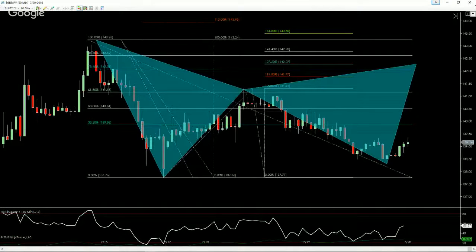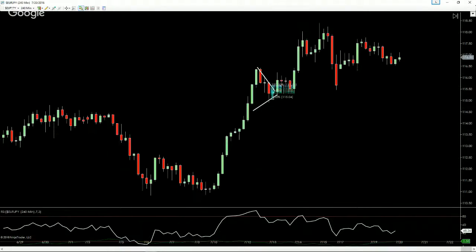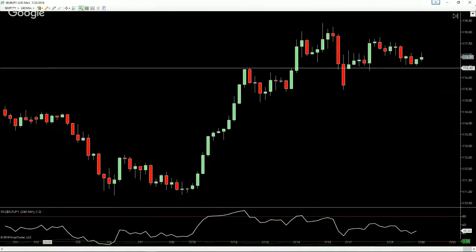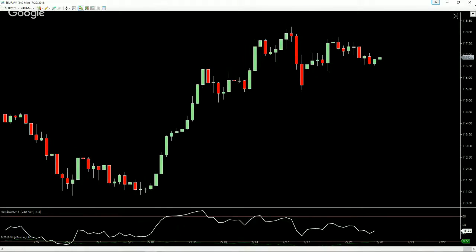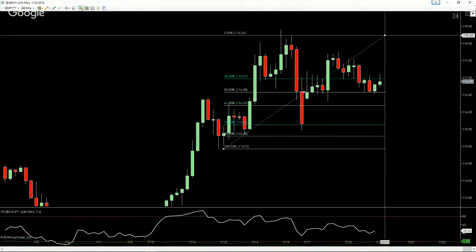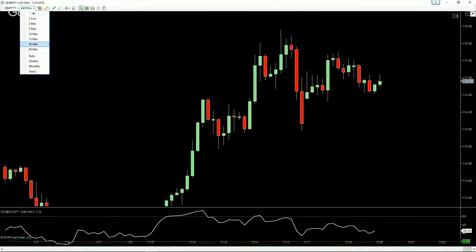So let's take a look at the 240. We have the same thing from last week, same thing that we saw on the dollar yen. So let's take a look at this. Don't have anything there.